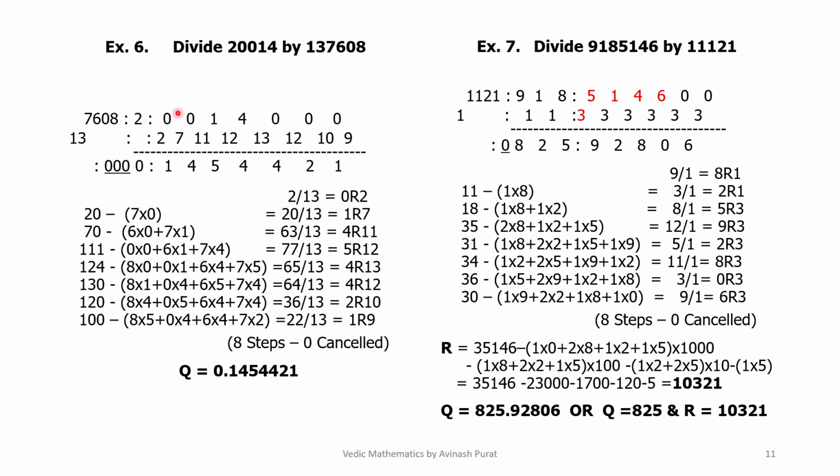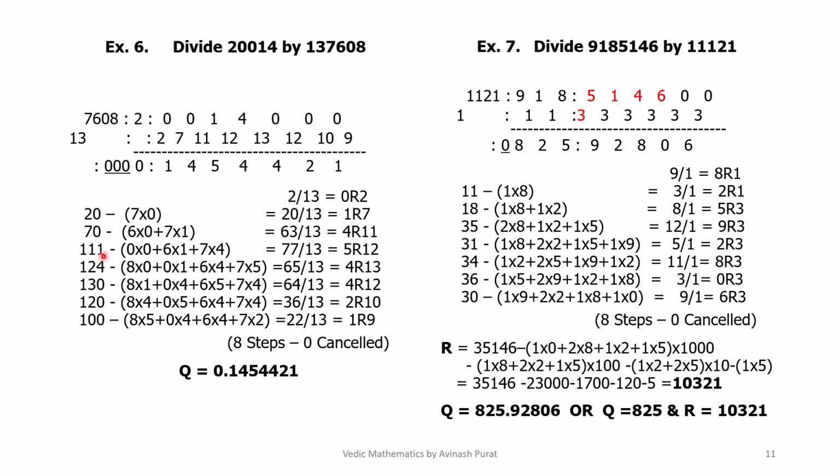So 20 is the next dividend, minus 7 into 0 equals 20 divided by 13, that is 1 quotient and 7 remainder. 70 is the next dividend, minus 6 into 0 plus 7 into 1, that is 63 divided by 13 equals 4 quotient and 11 remainder.